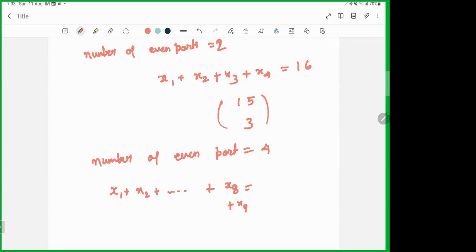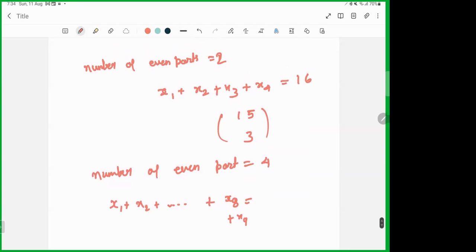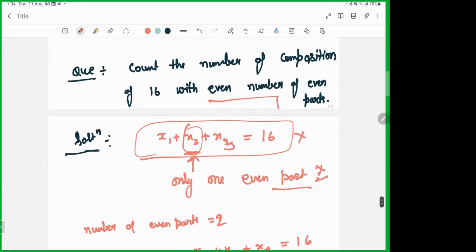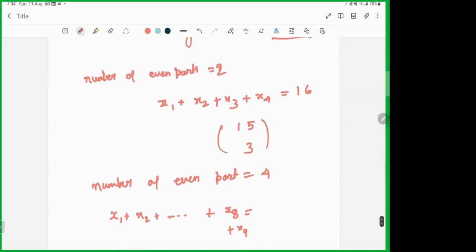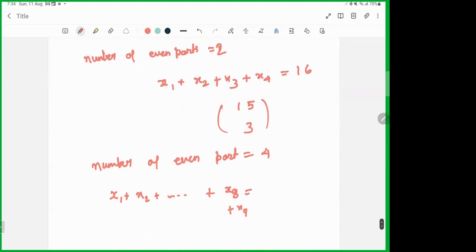Why can it not go to x9? Can it have any number of odd parts? The condition is only on even parts, not on odd parts, right? Even number of even parts. Then the casing will not work. You will have too many cases. Yes, but we have to do that, right?